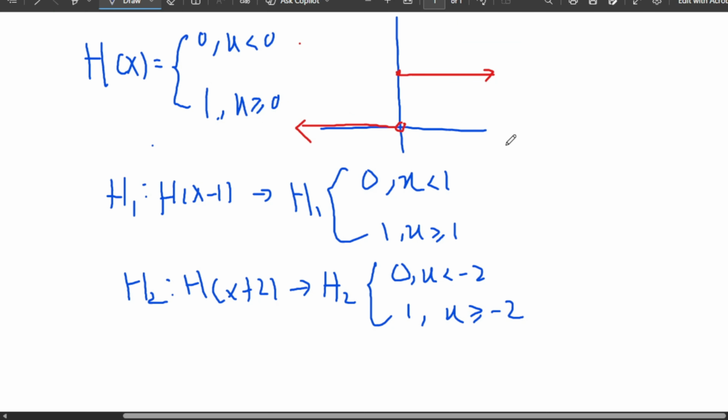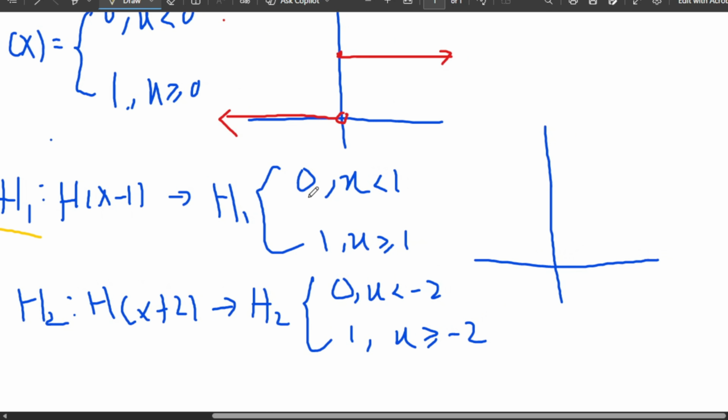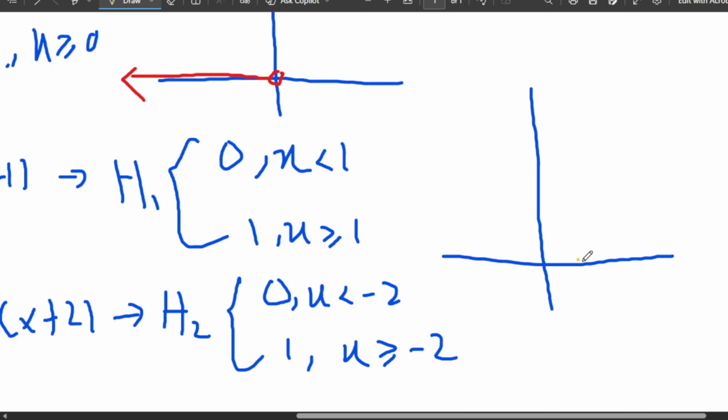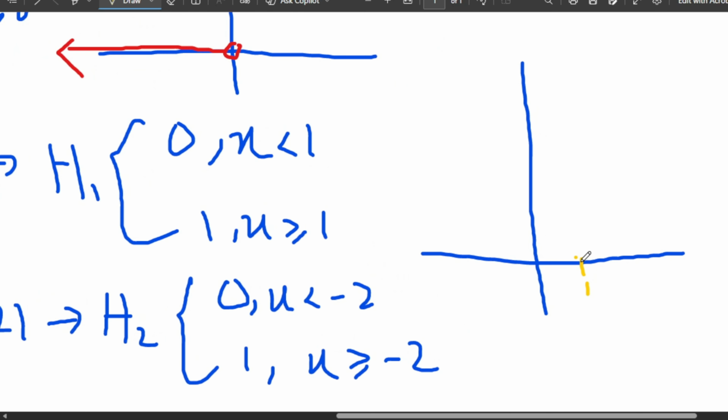So when we graph it, let's use yellow for h1. It's 0 when x is less than 1, so when x is here, this is 1, so it's 0 here.